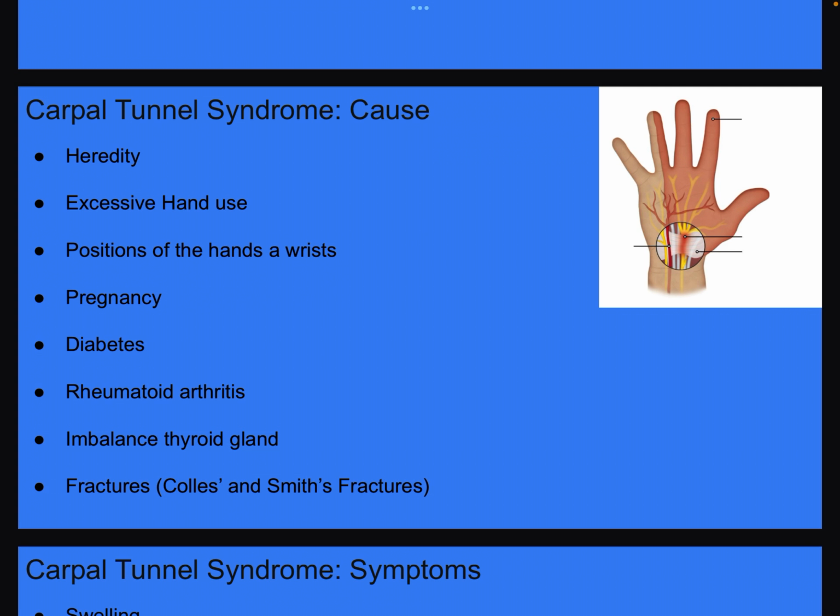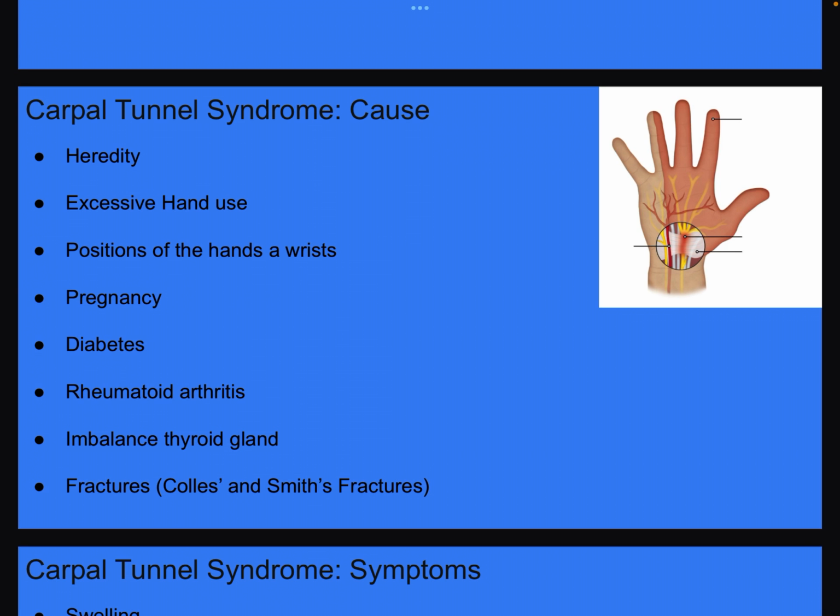Another thing is pregnancy. Any health issues, pregnancy, diabetes, all that can cause carpal tunnel syndrome, and that could be very temporary, very nonchalant, but we'll learn further on that carpal tunnel can get worse if it's not treated properly.